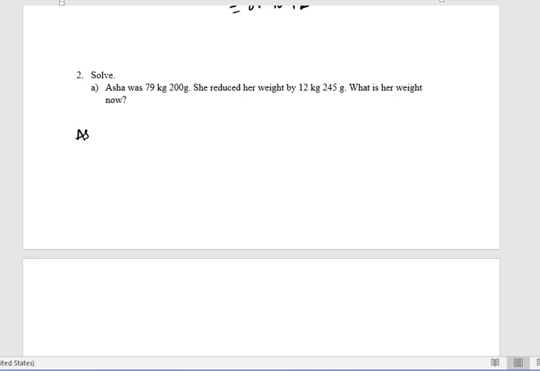So we will start writing Asha's initial weight. Initial means at the beginning. The weight is 79 kg and 200 grams.